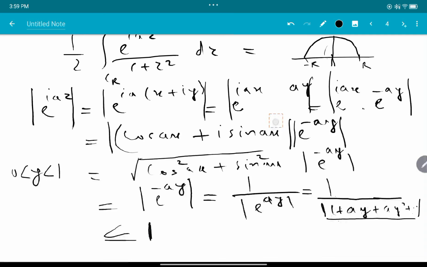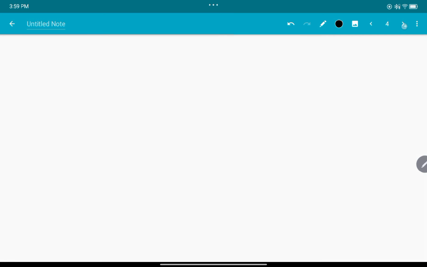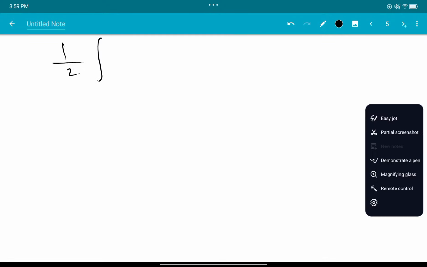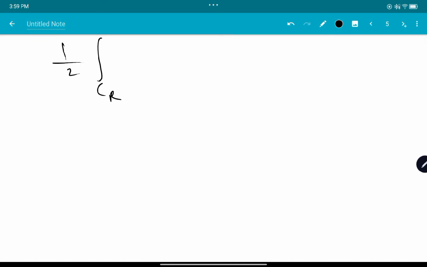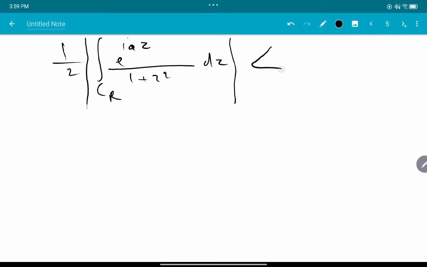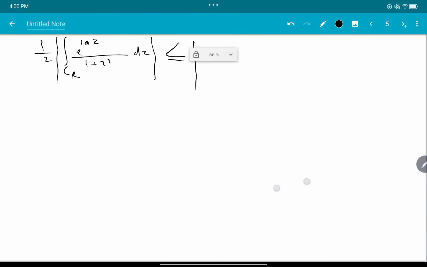So far as the rest is concerned, we already know. So 1 by 2 integral over CR of e raised to I a z divided by 1 plus z square dz. If we take the modulus of all this, it turns out to be less than the modulus of this.